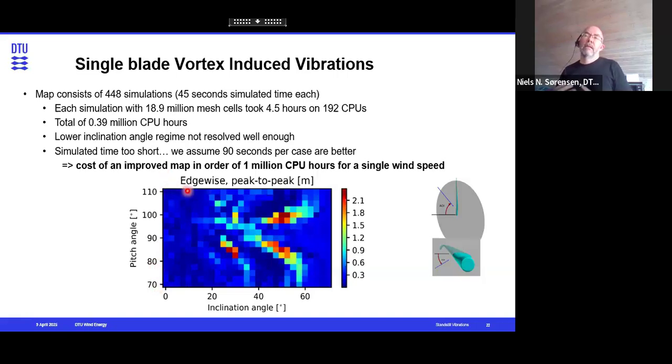The fluid structure solver ran for 45 seconds, monitoring the build-up of the tip deflection, or tip amplitude, in vibration. That reveals some specific regions, between 40 and 60 degree inclination and around 85 to around 100, where we see relatively large tip vibrations.